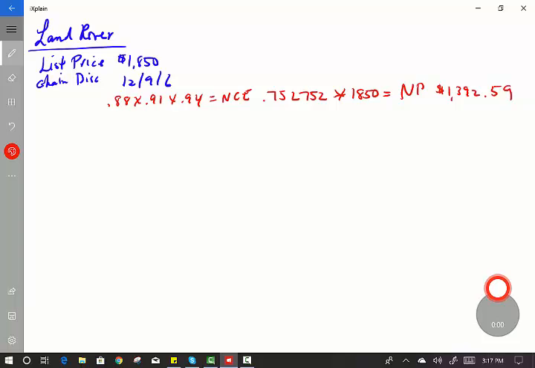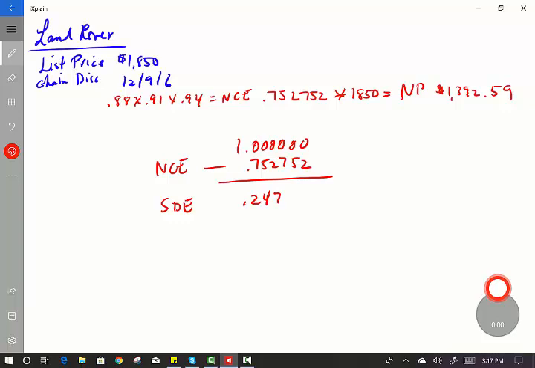Subtract the net price from the list price of $1,850 to give you the trade discount amount of $457.41, or subtract the net cost equivalent from the whole number of 1, that will give me the single discount equivalent of 0.247248.